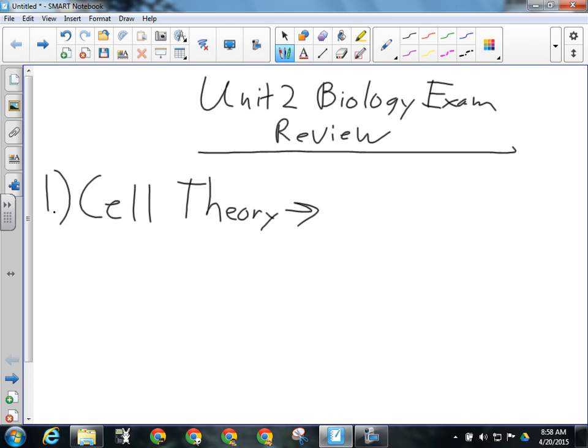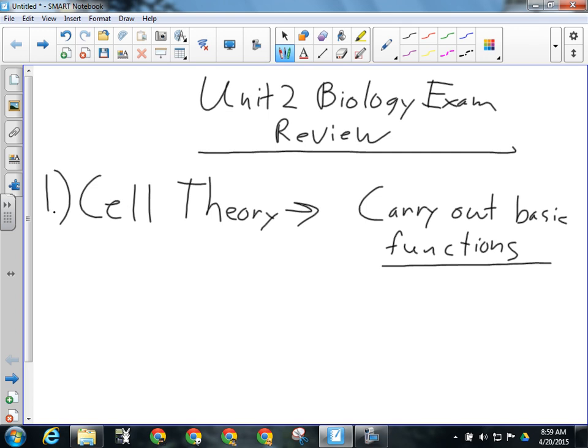But more important than that, I want you to understand the applications of the cell theory, especially point number 2, and that is carry out basic functions. Because how many times did that point come back in lab activities and things like that that we did in this unit? How many times did we refer to that?